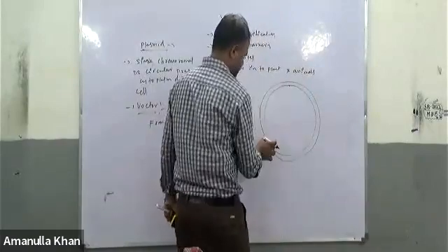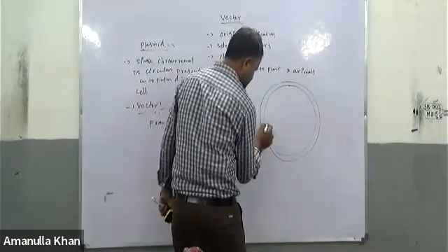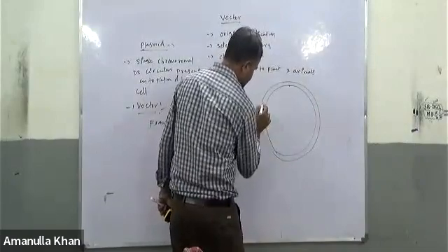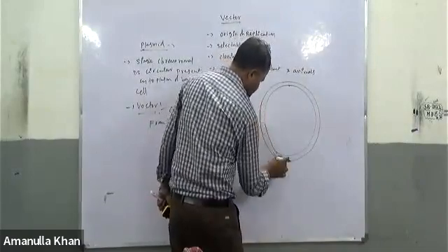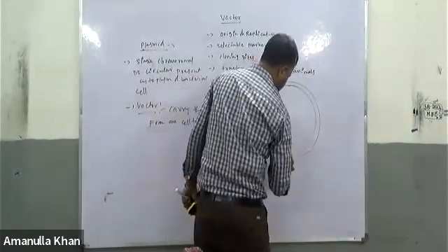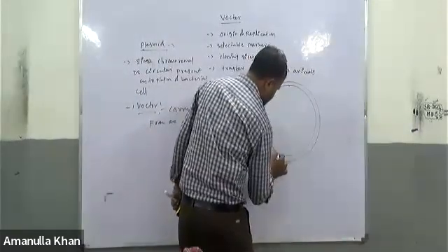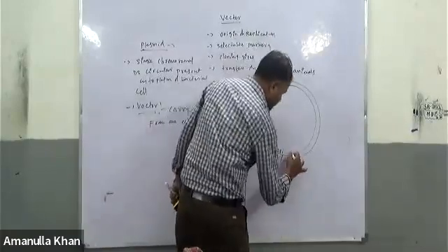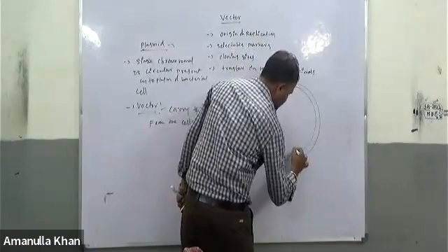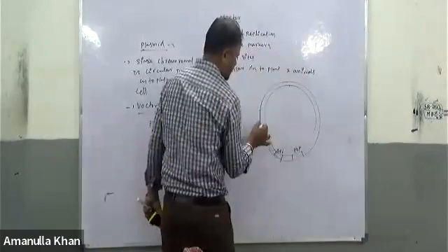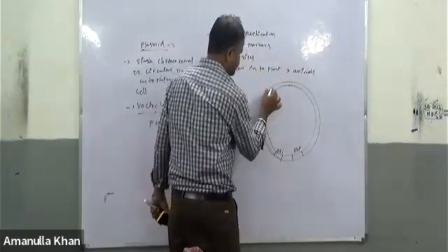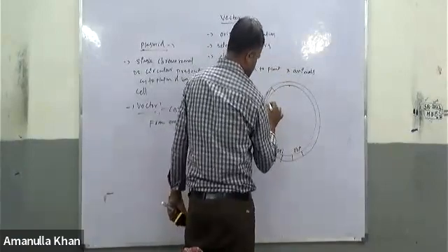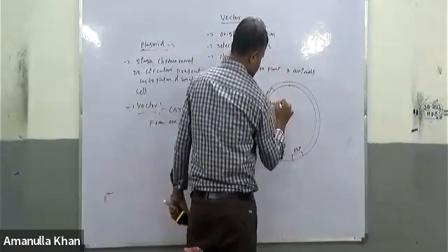Here I have the Ori region, then I have the Rop region on this side, and on this side I have the antibiotic resistance gene, meaning the ampicillin resistance gene.